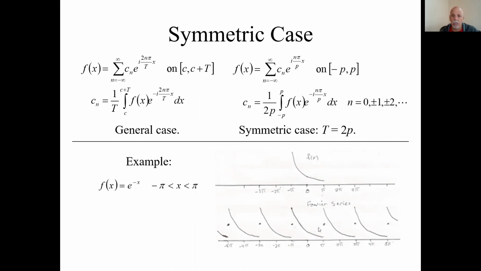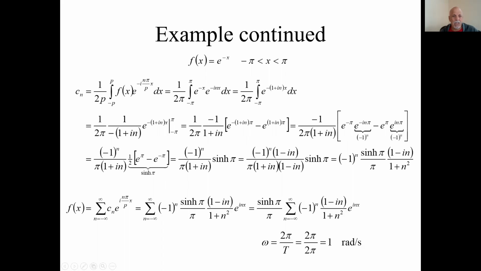And they always will be, except where the original function is not continuous. But other than discrete points like that, the Fourier series is the same as the original function. So you could say these coefficients carry the same information as the original function.